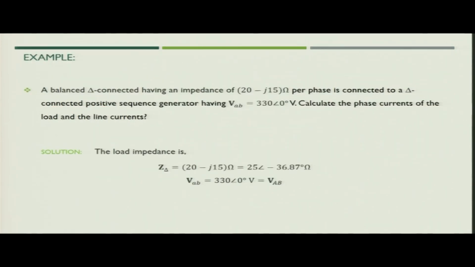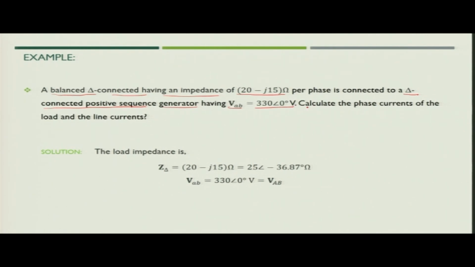Now, let us take an example related to our balanced delta delta connection. In this case, a balanced delta connected load having an impedance of 20 minus j 15 ohm is connected to a delta connected positive sequence generator having VAB equal to 330 angle 0 degree volt.